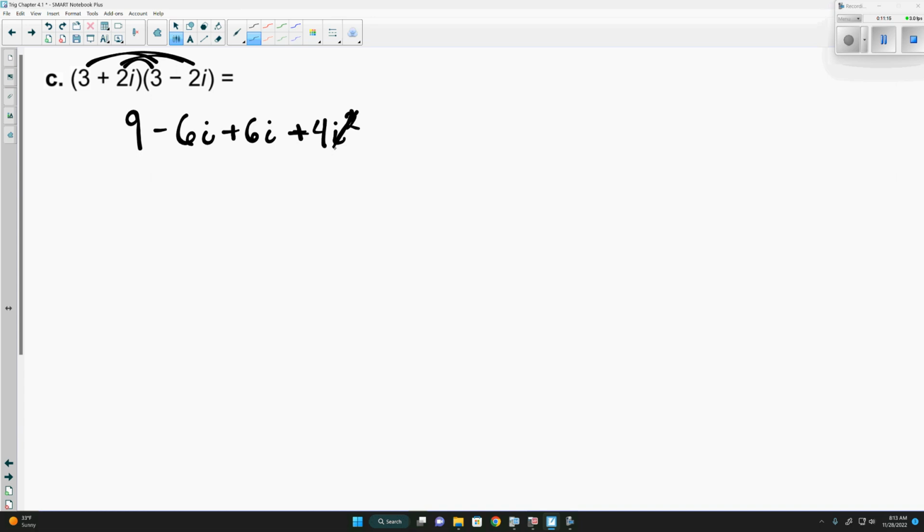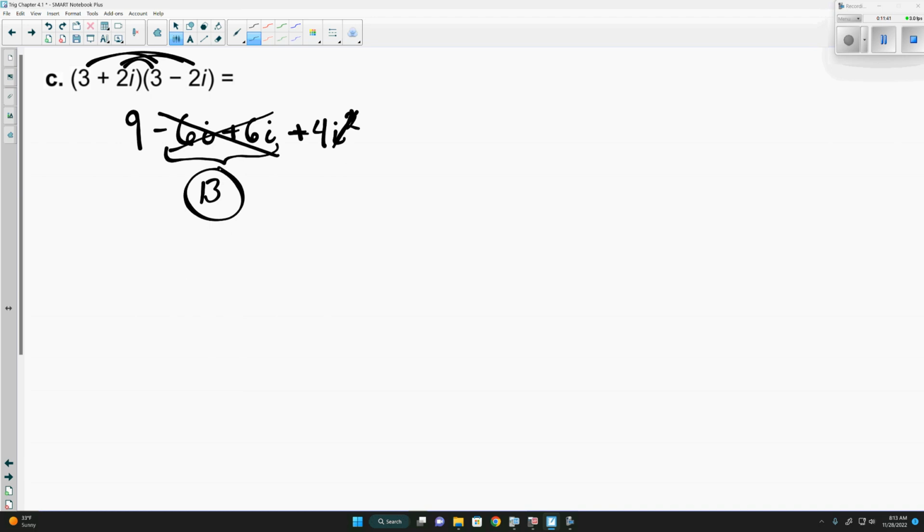If it's just i squared, we can just rewrite it as negative 1 or positive 1 depending on the sign. Now here, negative 6 plus 6 is 0, which leaves us with 9 plus 4, which is 13. Questions on this here?